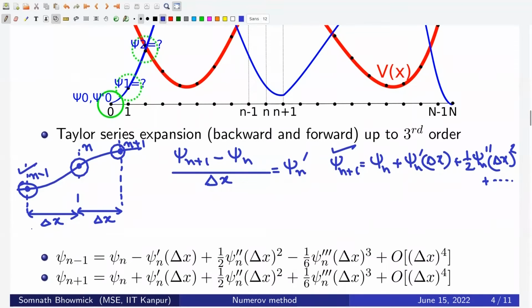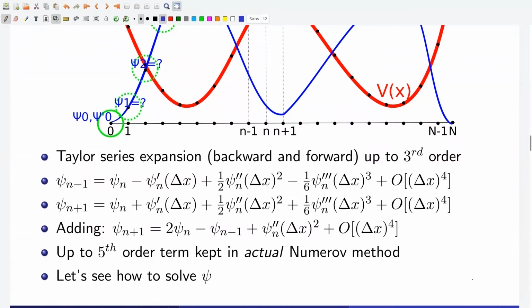Thus, what we do is that we take the function psi and we write the backward Taylor series expansion and forward Taylor series expansion for this. After we do backward and forward Taylor series expansion up to the third order, we just add them up, right?